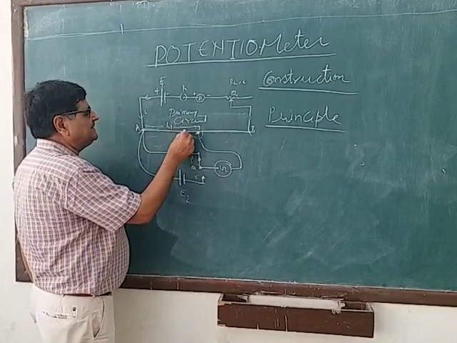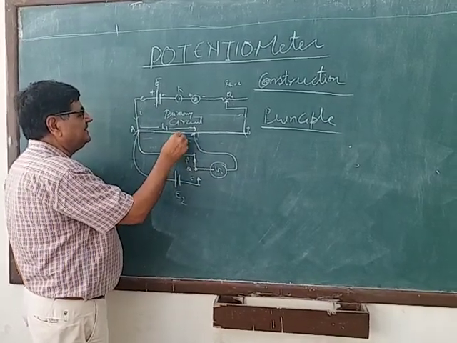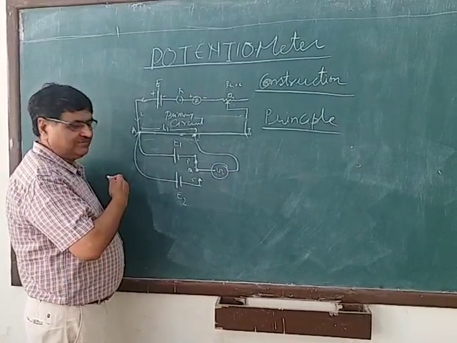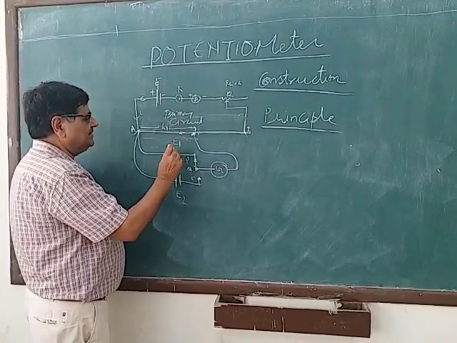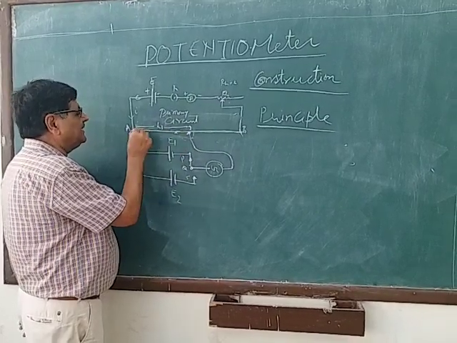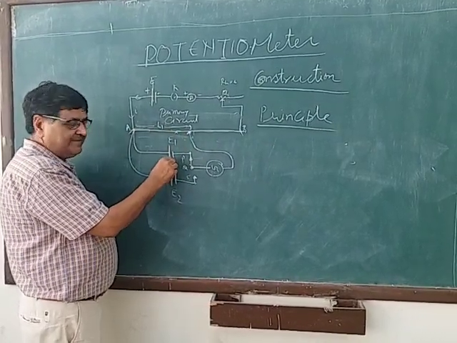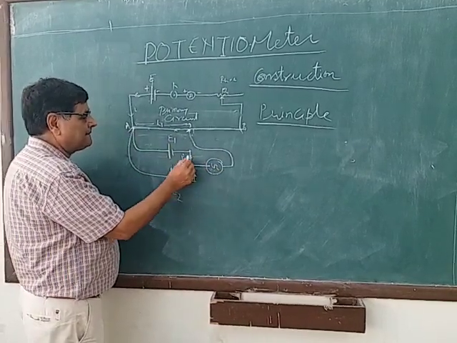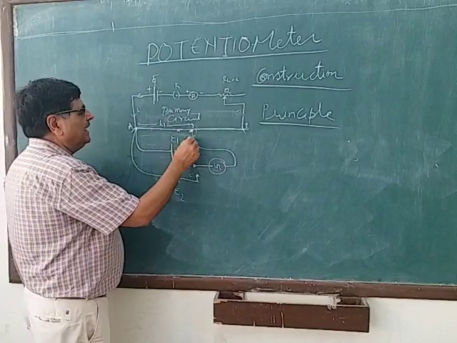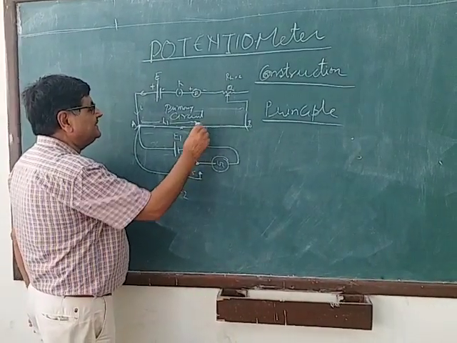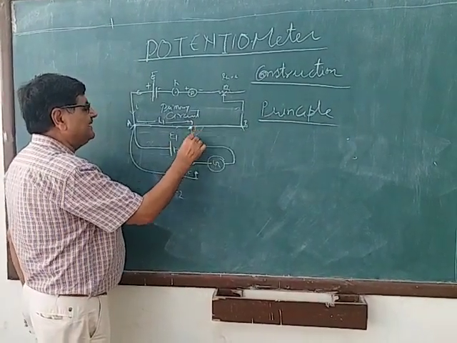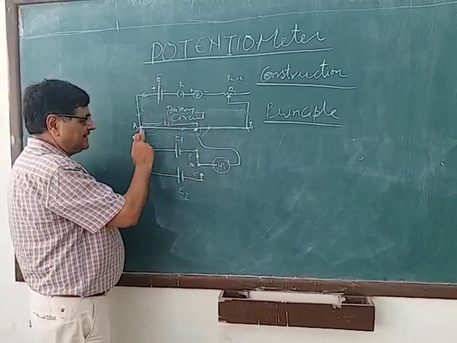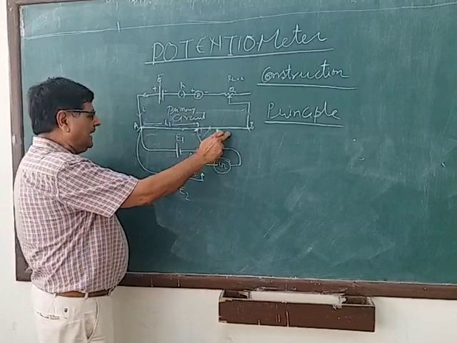And suppose when this is connected here, then let's say it gives deflection towards the left. We can assume that this potential difference is less than its EMF, so the direction of current will be in this way. And when the jockey is connected here, this potential difference becomes more than the EMF because potential difference is increasing with the increase in length.